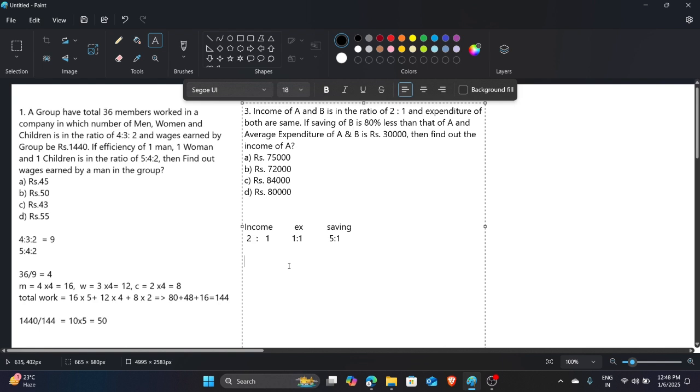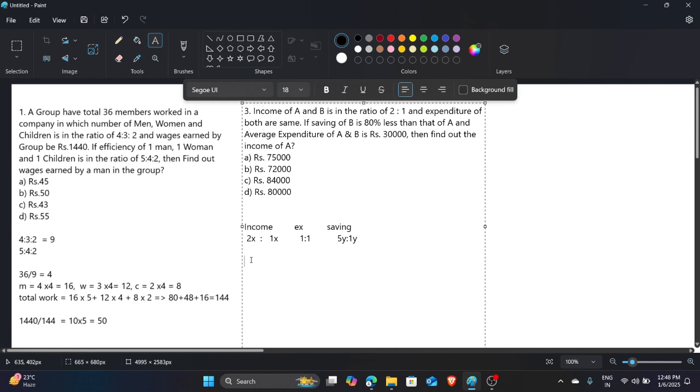Okay. Now, what is the second thing that can be found from this? So this is the second thing. We consider the income of the first person as 2x, and here also the income of the second person as x. Expenditure we already know is 3000. Okay, and here we consider the saving as y.